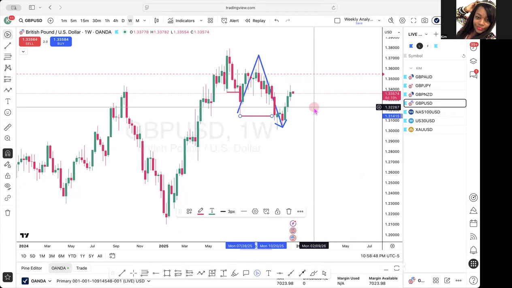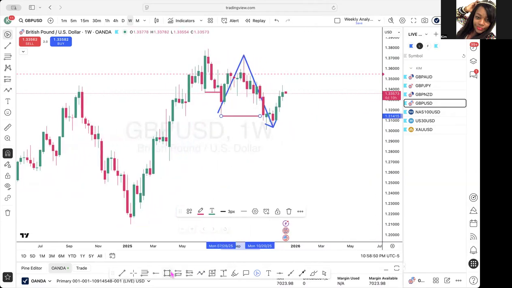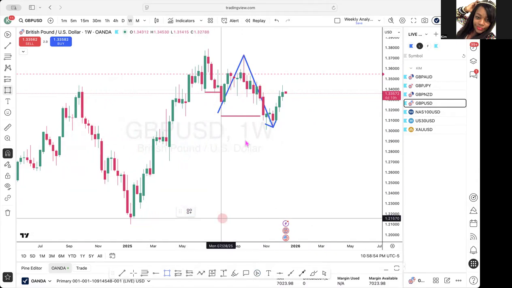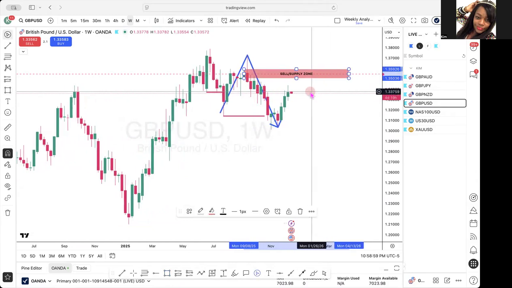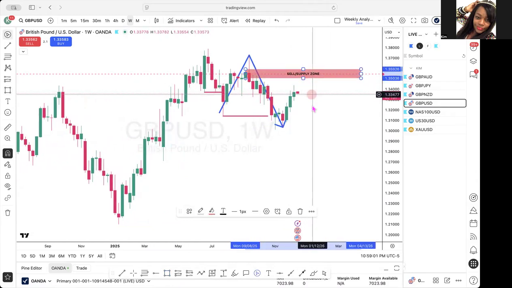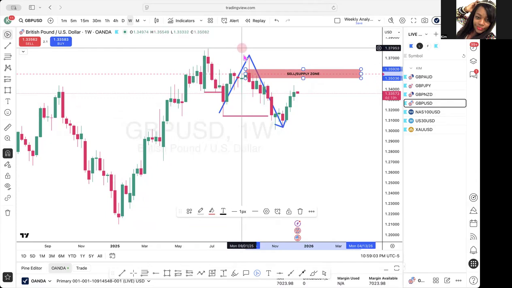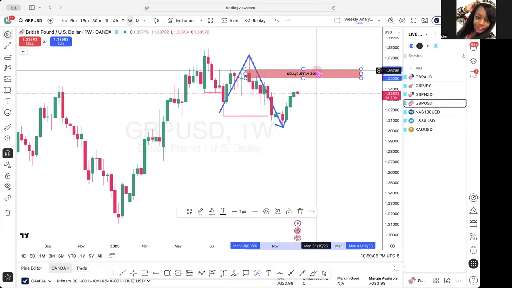So price can do what? Pull back to any of these supply zones and then start selling again. Or break past this high, pull back, and then start buying.